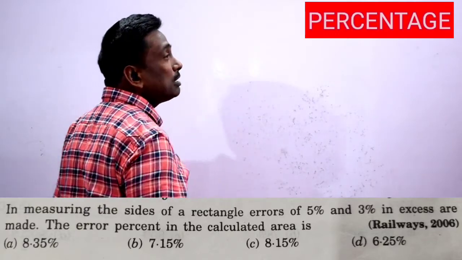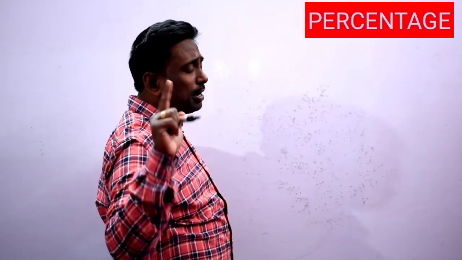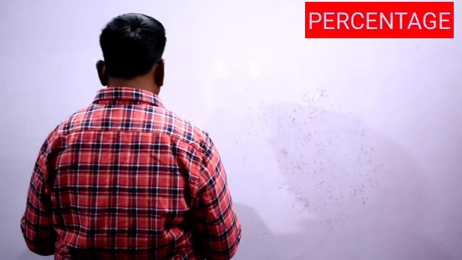Simply when two percentages are given, directly multiply those two percentages. If it is increase, 100 plus, decrease means 100 minus. Now move on to the next problem.